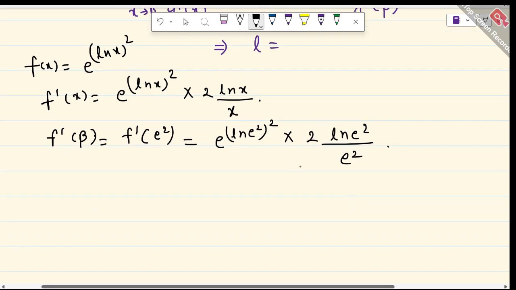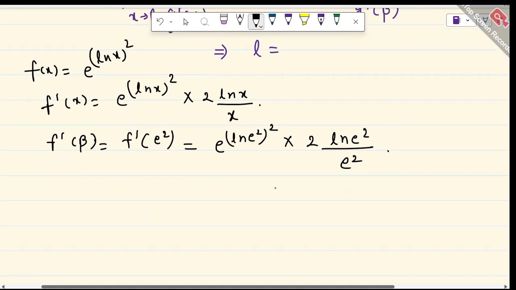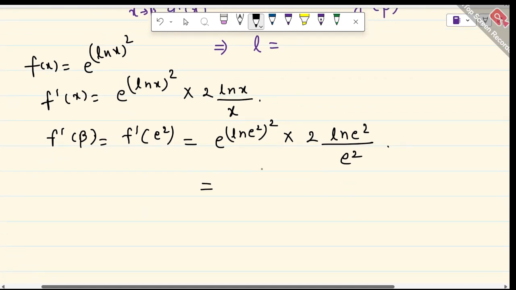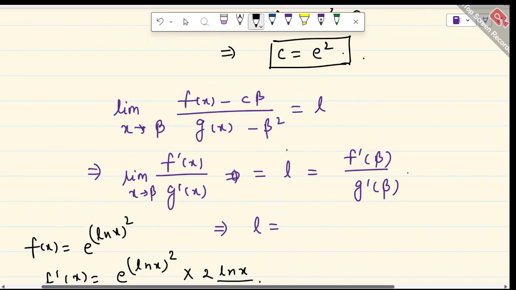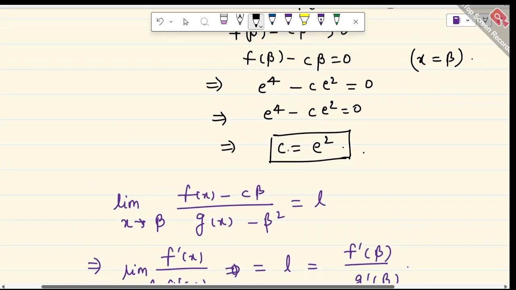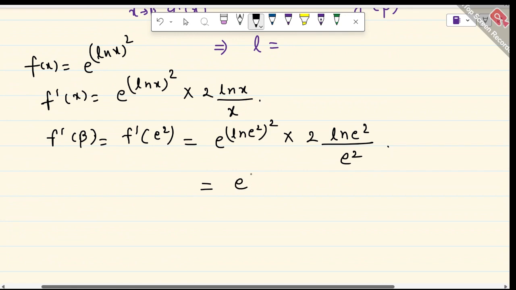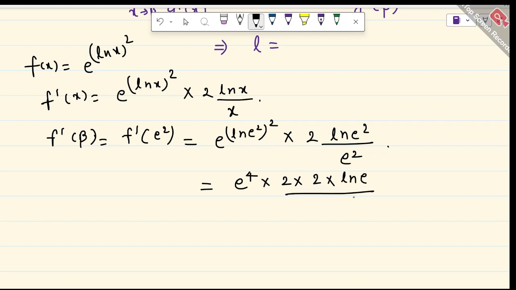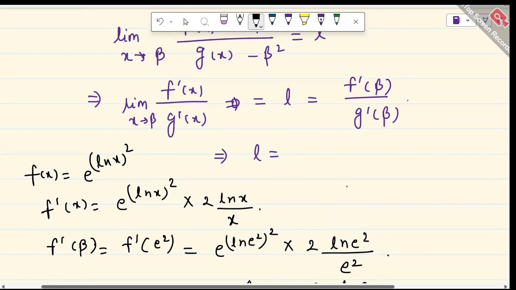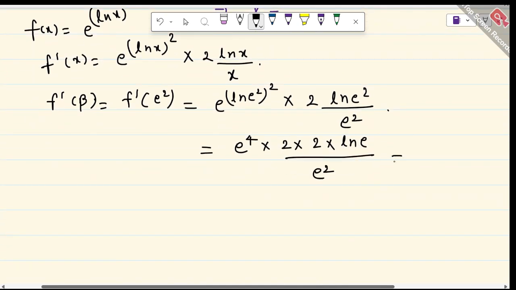We can simplify this: e raised to power 4 times 2 times 2, and natural log of e, over e square. So this is 4e square.